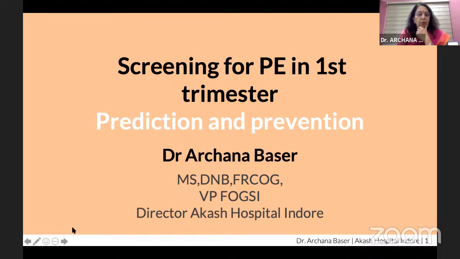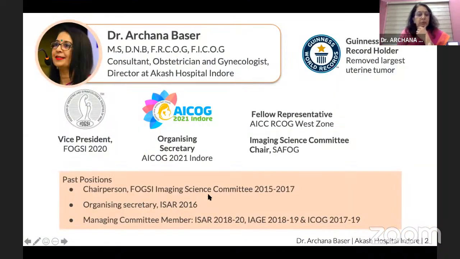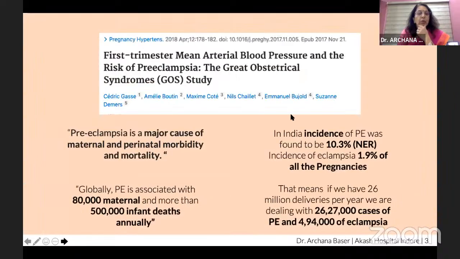So what I'm going to be talking about is screening for preeclampsia in the first trimester, prediction and prevention. Let's look at why we are worried about preeclampsia, because it's a major cause of maternal and perinatal morbidity and mortality. In India, the incidence of preeclampsia was found to be 10.3%, and the incidence of eclampsia is 1.9% of all pregnancies.